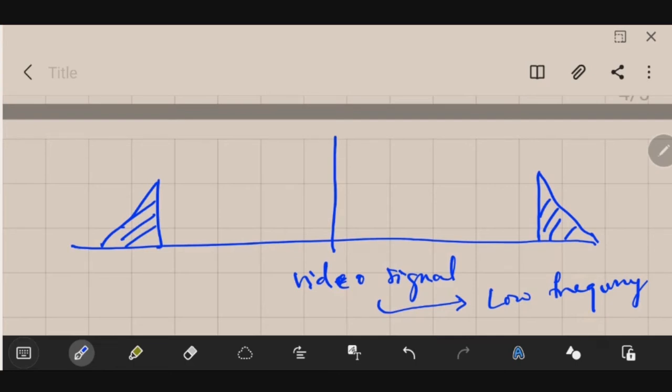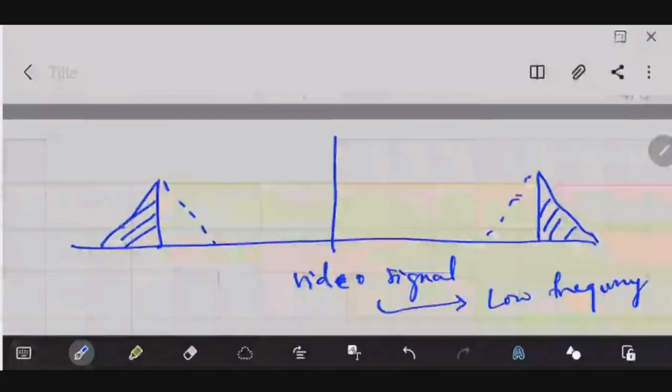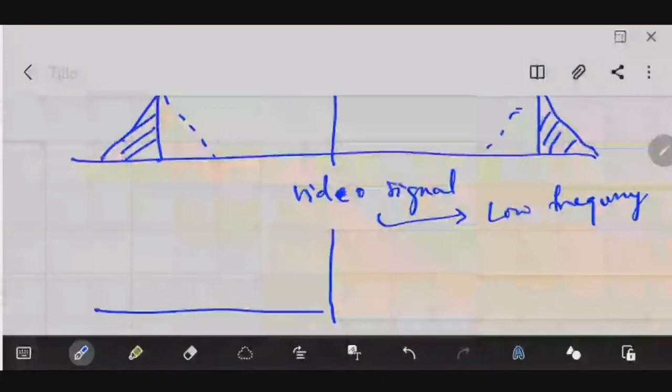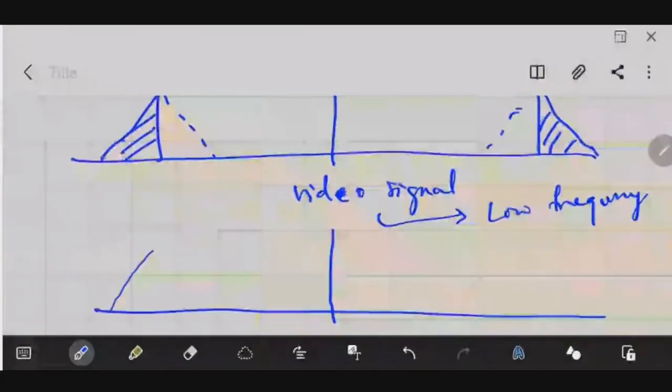So what we normally do is, in place of eliminating one of these sidebands completely, as we did in this case, we will not eliminate the sideband completely. Let's say this is the sideband, so we will send this much of this signal.